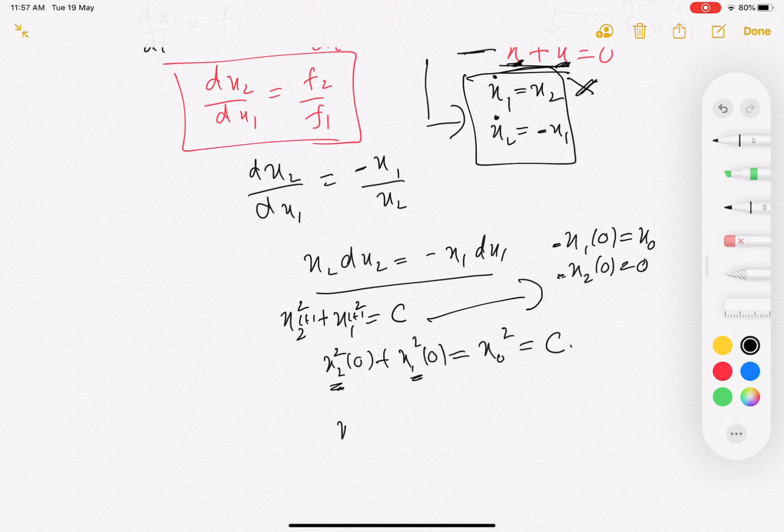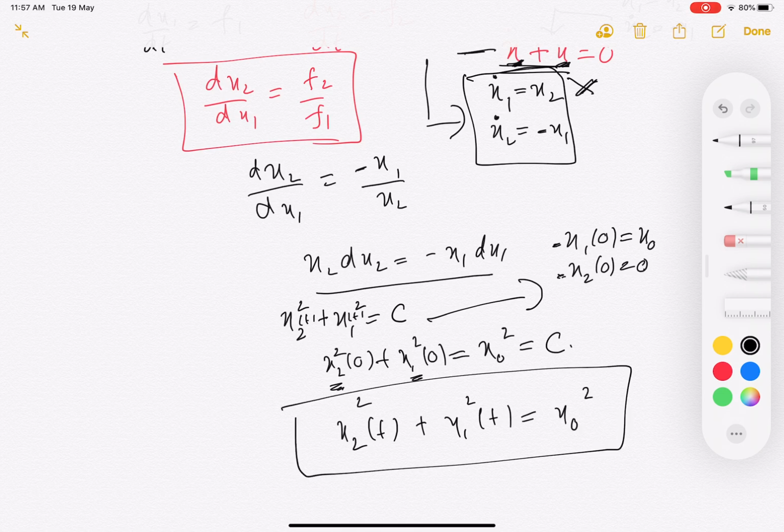So you get the final equation as x2 square plus x1 square is equal to x0 square, right? So this is another way of eliminating time and straight away getting the equation of the two state variables with respect to each other.